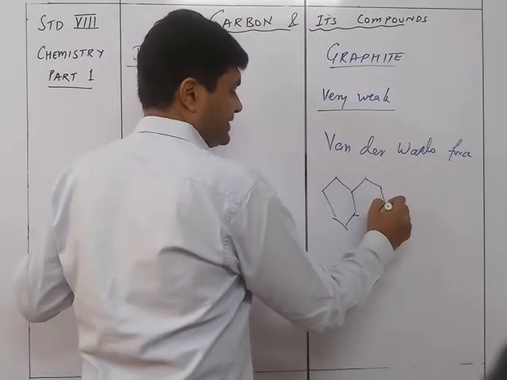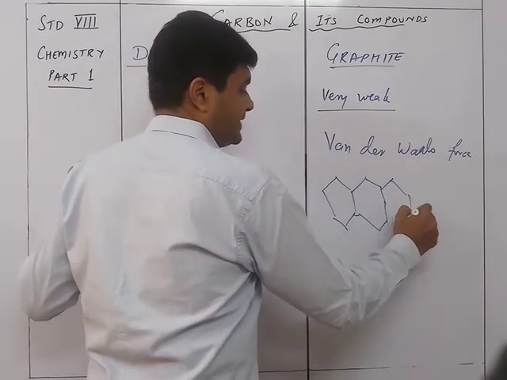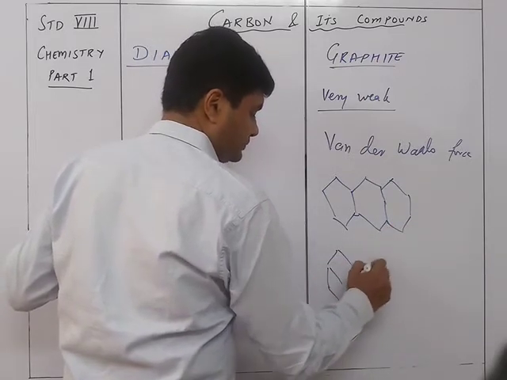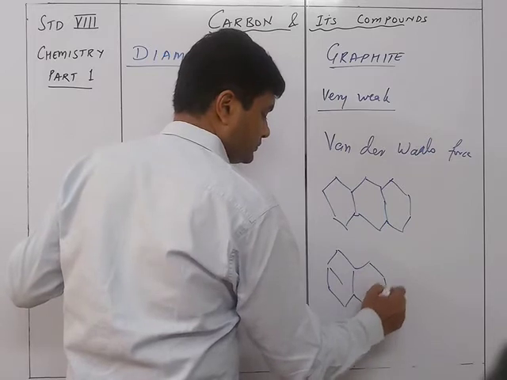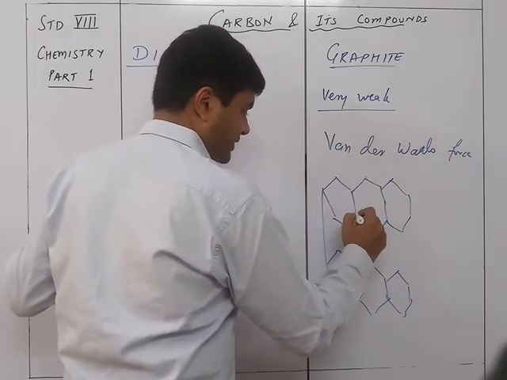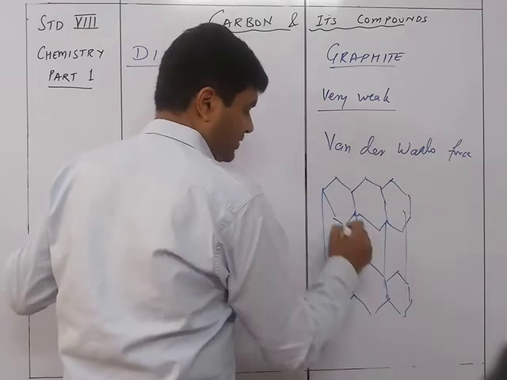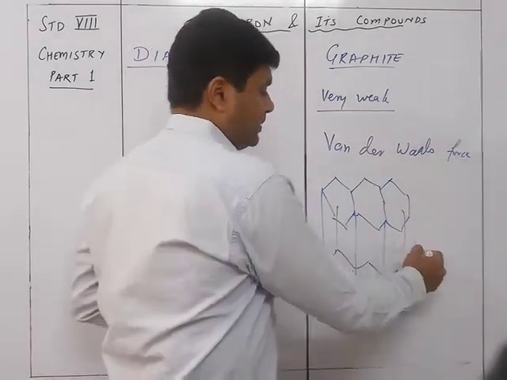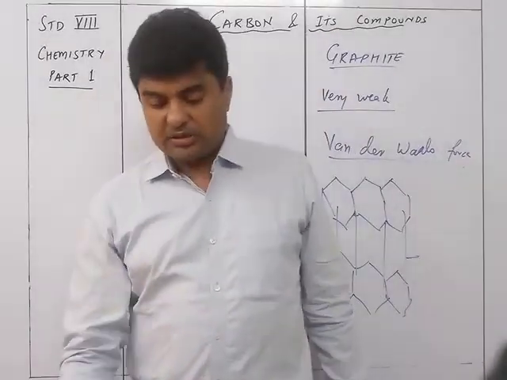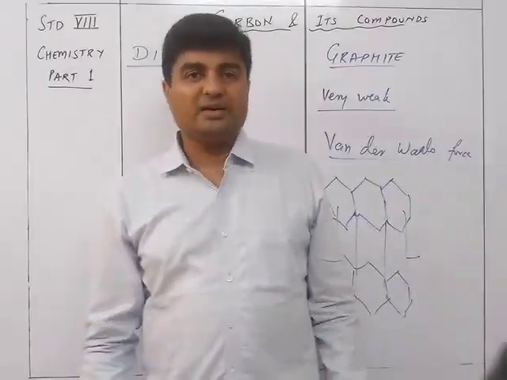There are different hexagons, and these hexagons are connected to other hexagons over here. These hexagons are connected to each other by a simple van der Waals force, a very weak force connecting the 2 layers of the graphite.